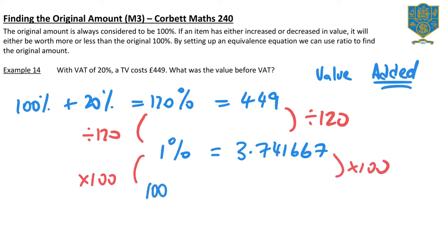And we get 100% is 374.17, and it'll be 0.17 to 2 decimal places because it's currency, and the 6 will round up to a 7. So it's £374.17.